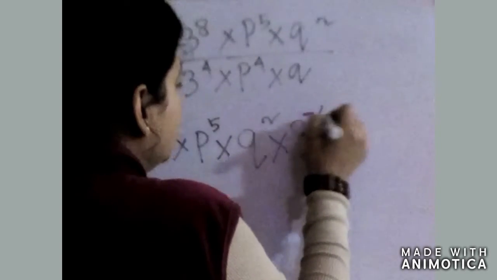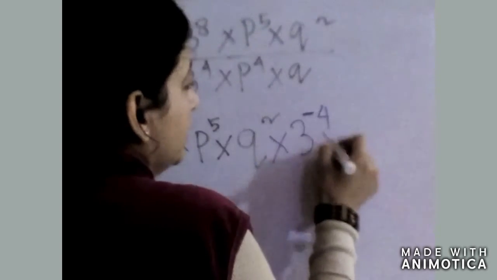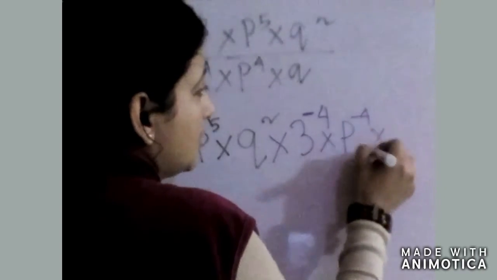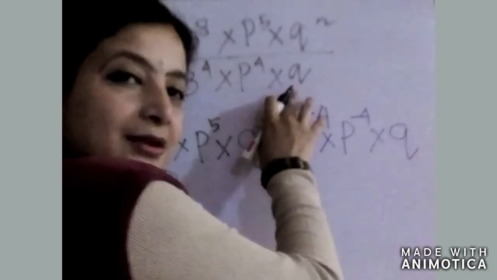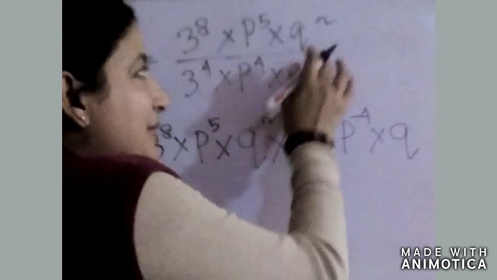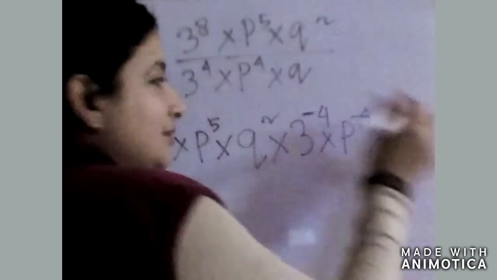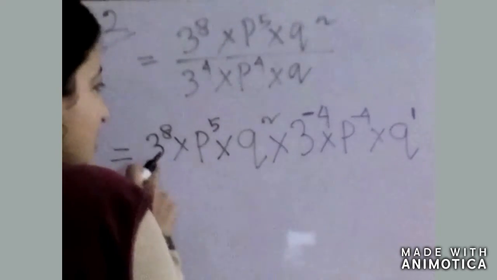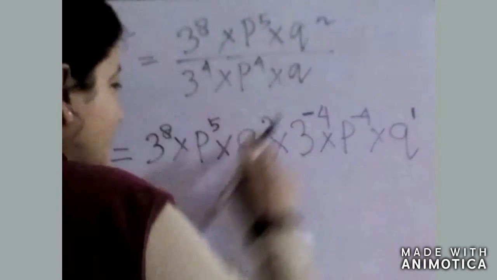Change means it will be negative power. 3 to the power minus 4 into p to the power minus 4 into q to the power, as there is nothing, that means q to the power 1.